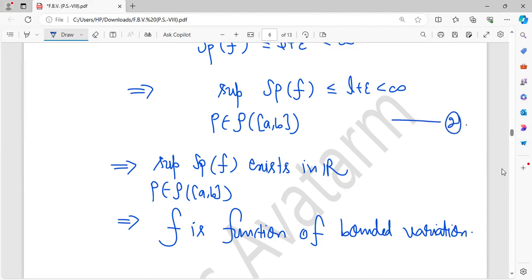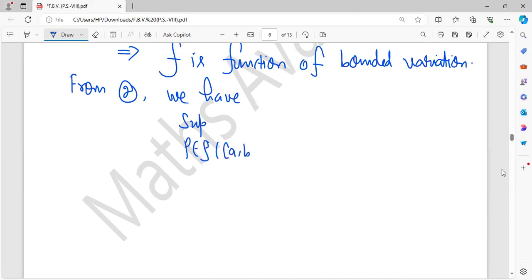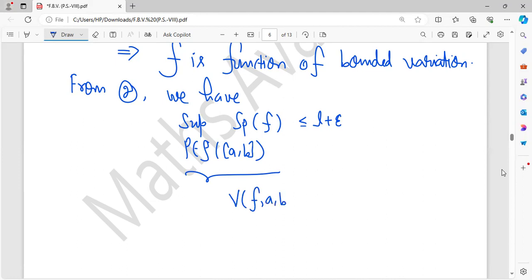Now from equation 2, we have the supremum over P of S(P, F) is less than or equal to L plus epsilon. What is this? This is nothing but V(F, [a, b]) less than or equal to L plus epsilon.